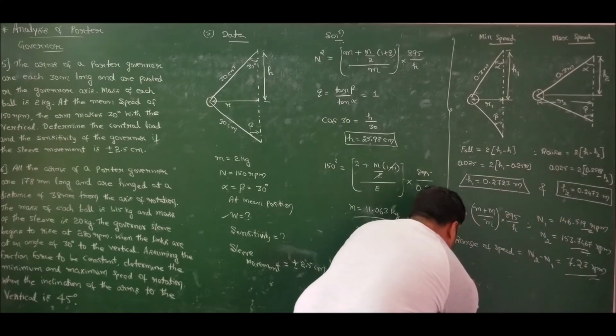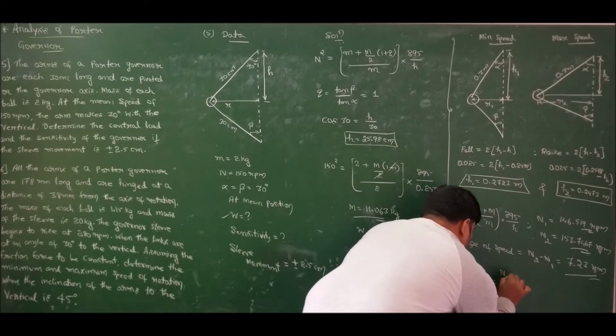and now sensitivity will be range of speed by average speed, n1 plus n2 by 2.